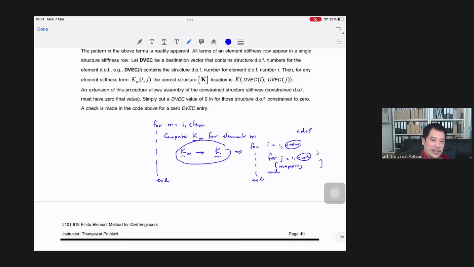For example, if you have 6 degrees of freedom for your triangular element, just as in our example, then I would run from 1 to 6, as well as J. So this operation would find a contribution for each row and each column of the element stiffness matrix and put it in the corresponding row and corresponding column of the structure stiffness matrix.